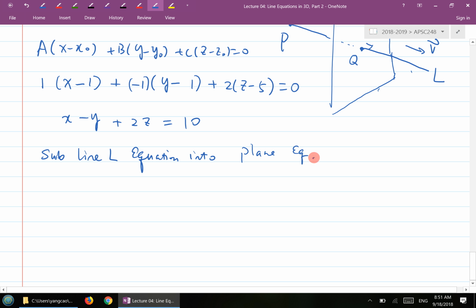Line L has x replaced with 1 plus t, y replaced with 3 minus t, and z replaced with 2t. One equation, one variable t. So you can solve for t now, and t ends up to be 2, I believe.